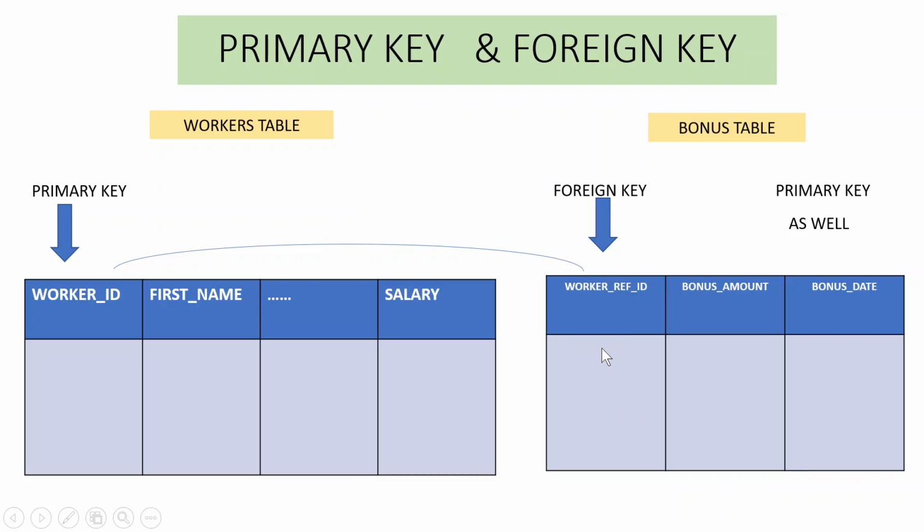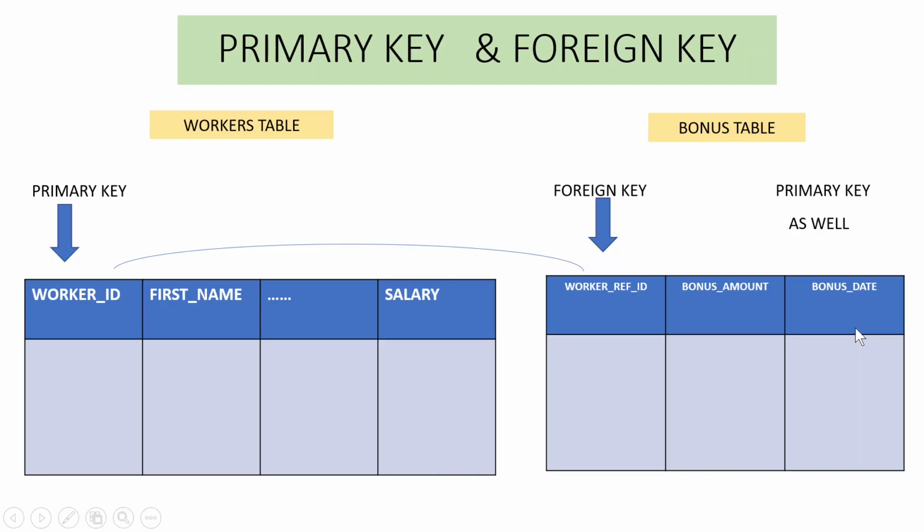This table will only accept or insert a record if a condition is true: the value in this column must exist in the primary key column of the workers table. The foreign key first checks whether this particular value is present in the workers table, and only then will the record be inserted in the bonus table.